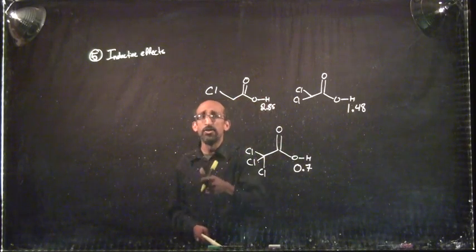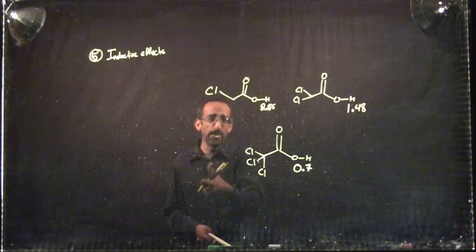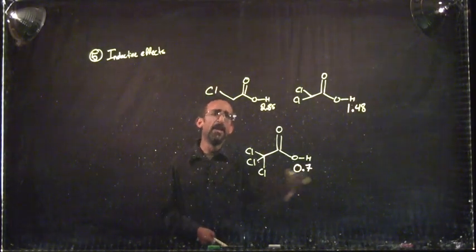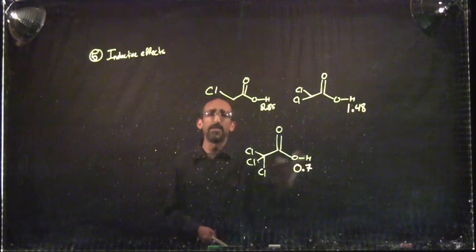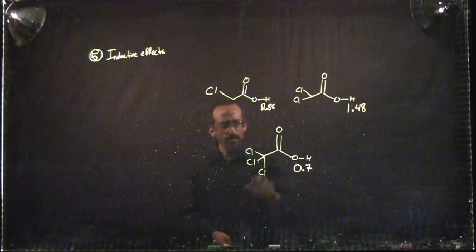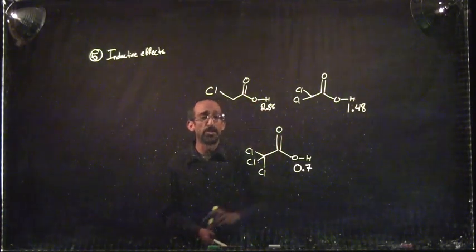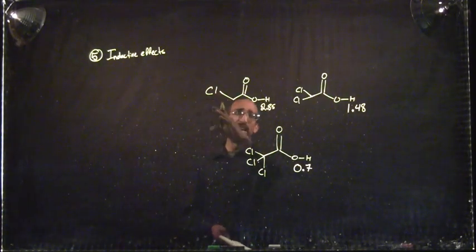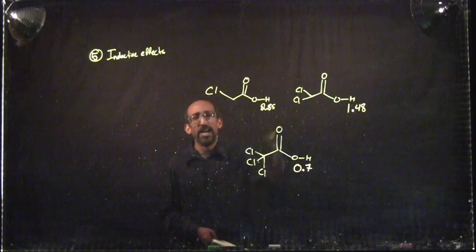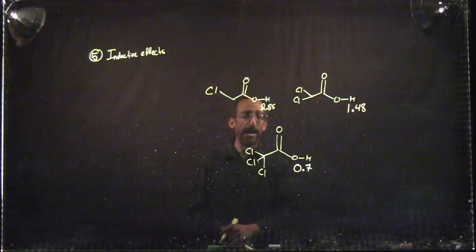So one of the issues is what type of electronegative atom we're putting in there, or how electronegative is that new atom. As we increase electronegativity, it's going to reduce density in the oxygen-hydrogen bond. And how many of those electronegative atoms I put, right? As I increase the number of electronegative atoms, I further weaken that oxygen-hydrogen bond and further drop my pKa, making a stronger acid.